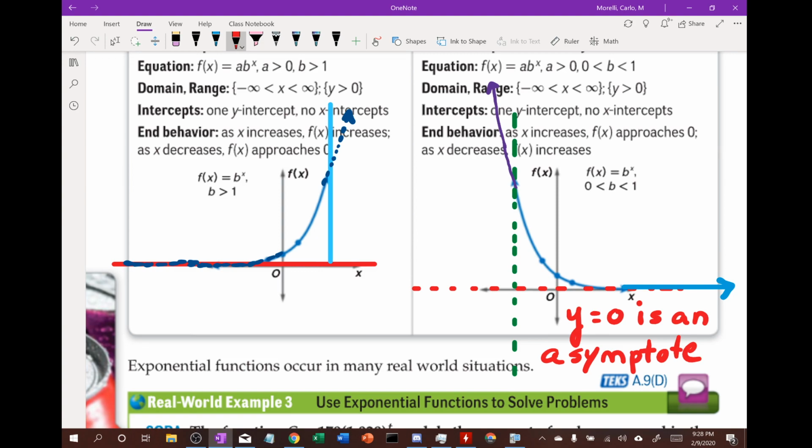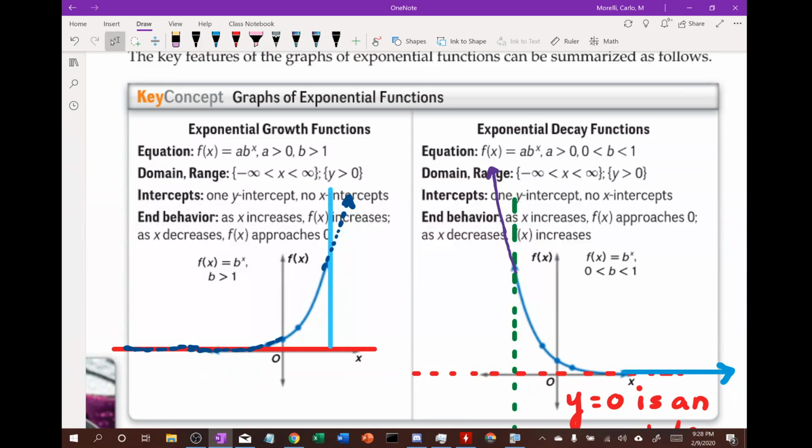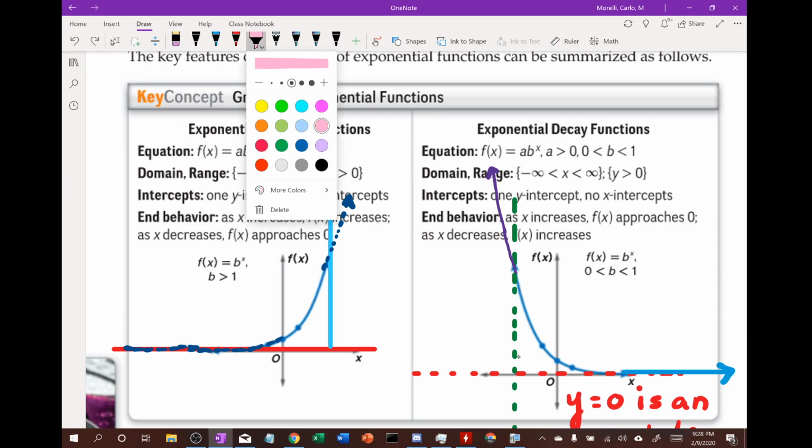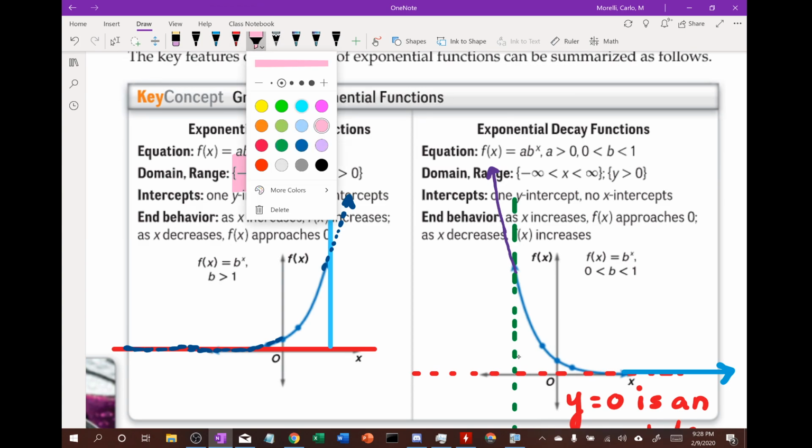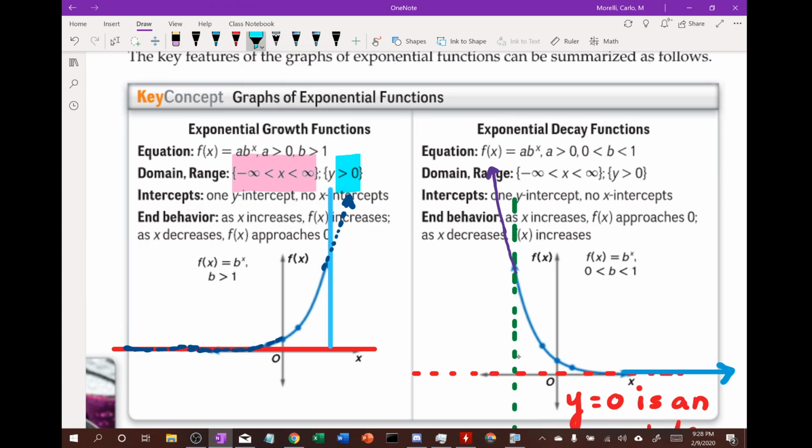So we've actually covered quite a lot today. Looking here at exponential growth functions and exponential decay functions, the domain and range are very important. So it says that the domain is all real numbers. Okay. The domain is all real numbers. And the range is all values greater than the asymptote.